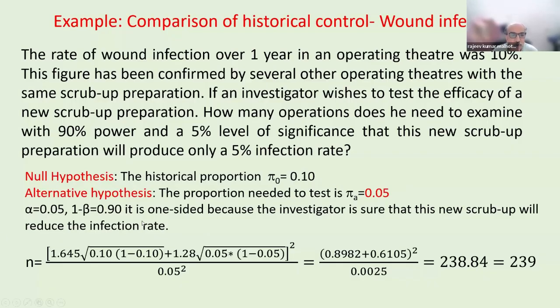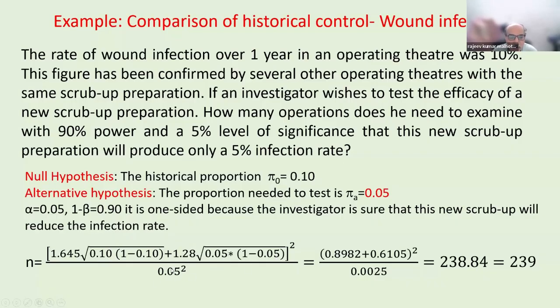At 0.05, the one-sided value is equal to 1.645. And in this formula I am applying 10% multiplied by 0.90, plus, for 90% power, the Z value is equal to 1.28, and the infection rate is 0.05 multiplied by 1 minus 0.05, squared.